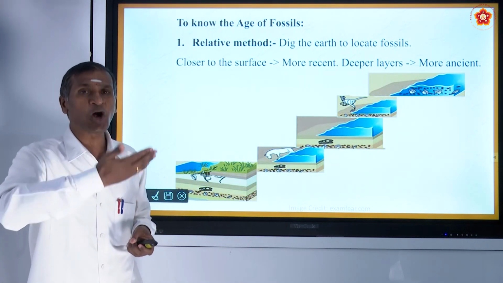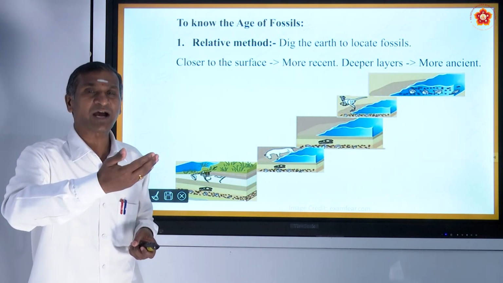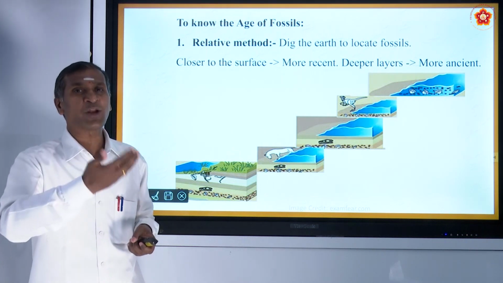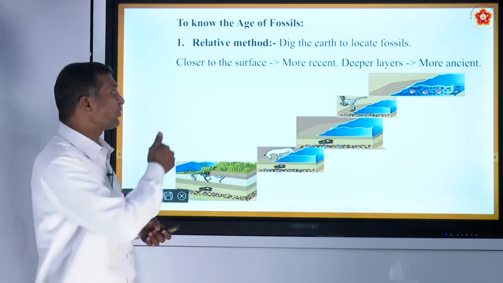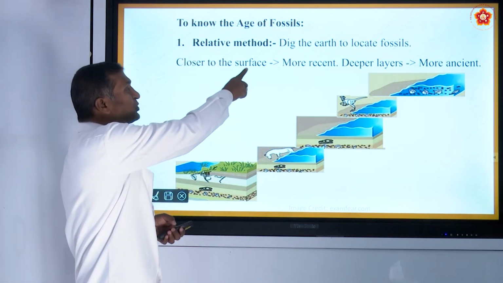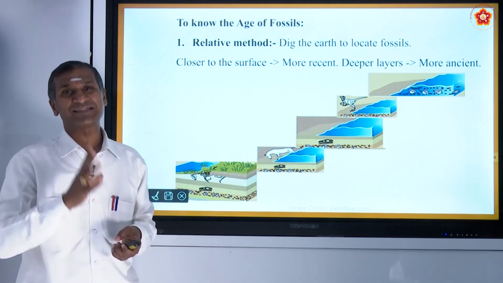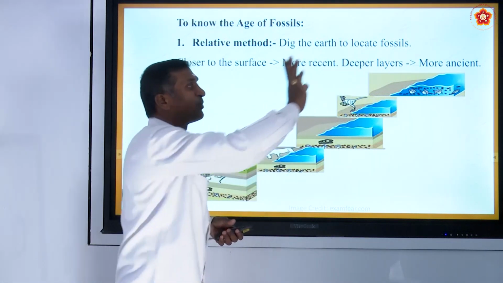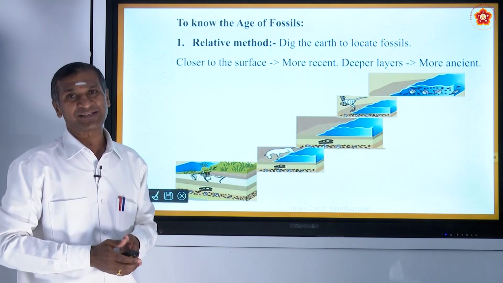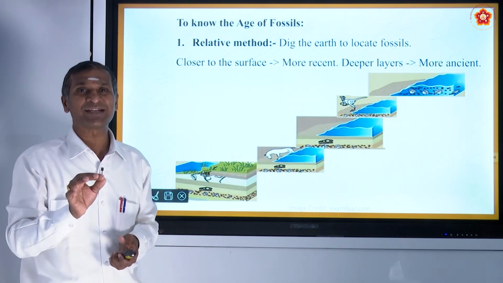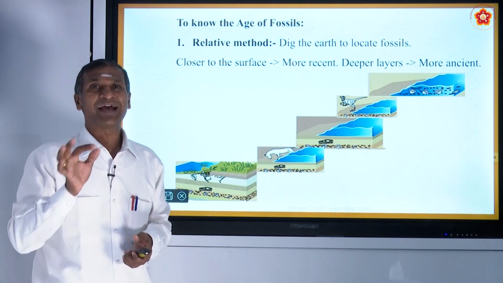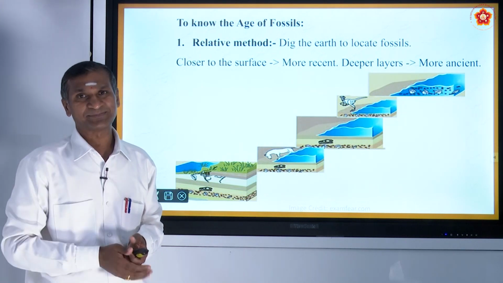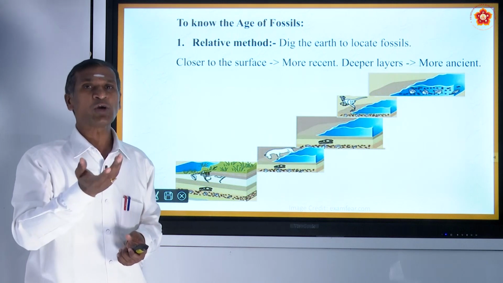As we go on digging and start to get the remains of one item or another, it tells us: closer to the surface, more recent fossil; deeper layers of the earth, more ancient fossil. So the relative method is digging the earth and getting the remains of plants and animals, parts or whole.